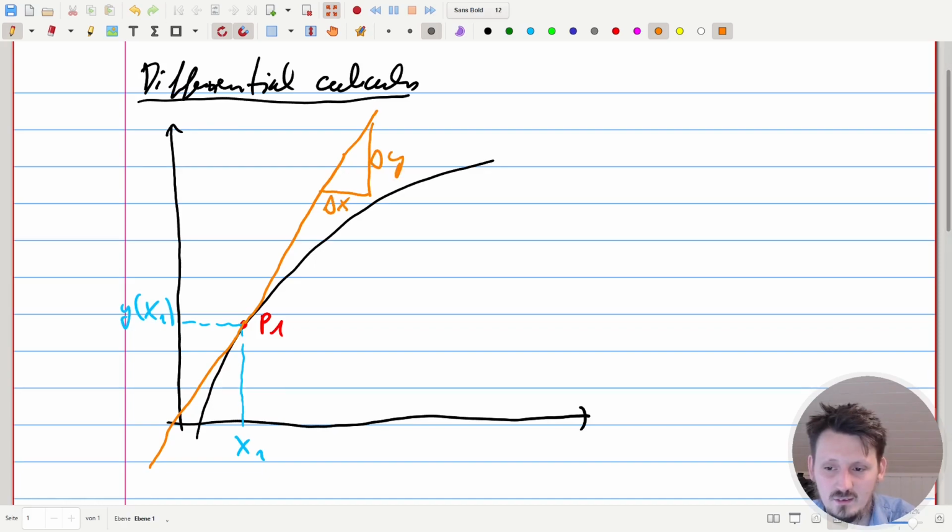Then, if we want to write the slope of this tangent, we can write down m equals delta y over delta x. So we can just use two x values, x1, x2, and two y values, y1, y2, at these certain x positions, and then you can calculate the slope with the help of this difference quotient.